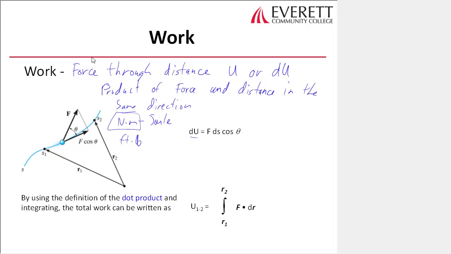That is the magnitude of F times the small change in distance, cosine theta, and I think you can recognize that you get this out of the dot product.